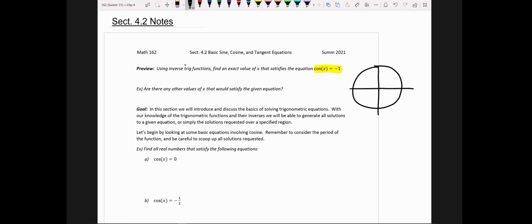Pi. Correct. So right here at pi, the coordinates are -1, 0. Cosine is the x coordinate on the unit circle, so the x coordinate is -1 at pi. So that's one solution.